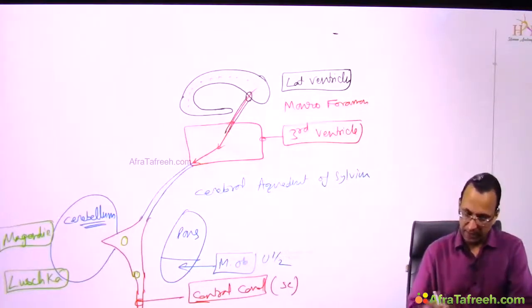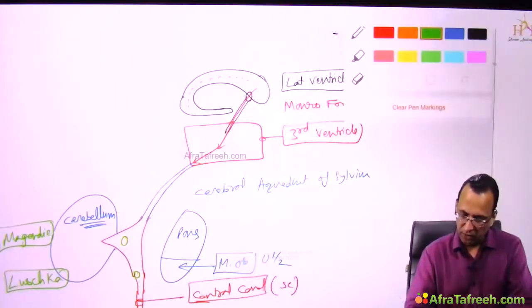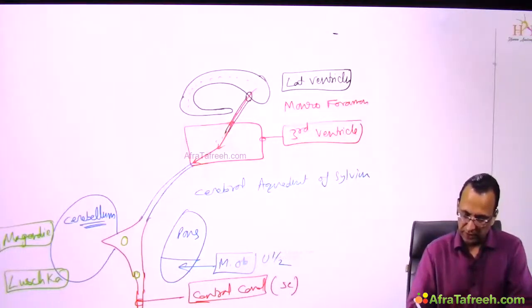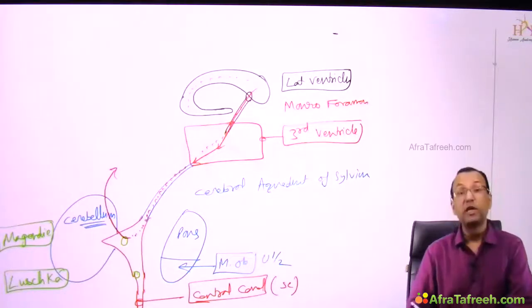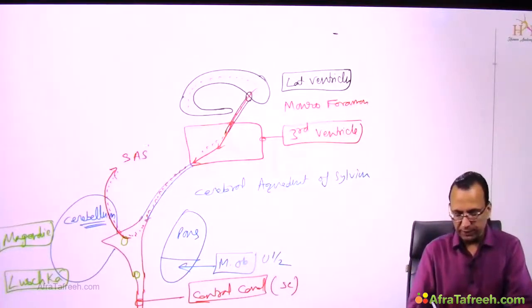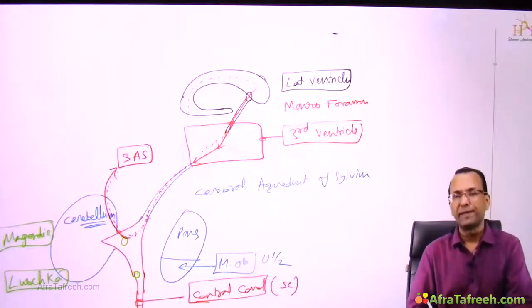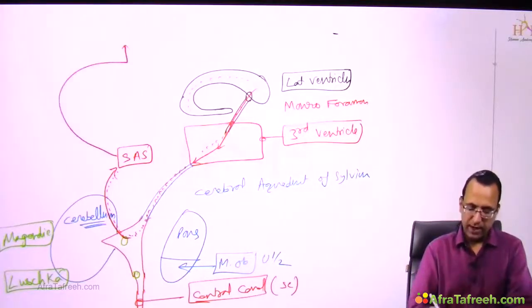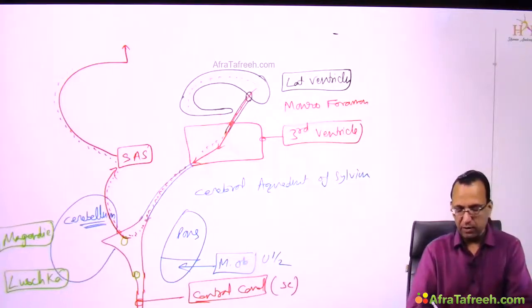What are they for? Actually, as you are following the CSF, you see this CSF has come and it was there in the fourth ventricle. It is escaping at the roof of the fourth ventricle through the foramen of Magendie to enter what is called the subarachnoid space, and in the subarachnoid space it will continue, and then it will be absorbed by arachnoid granulations.